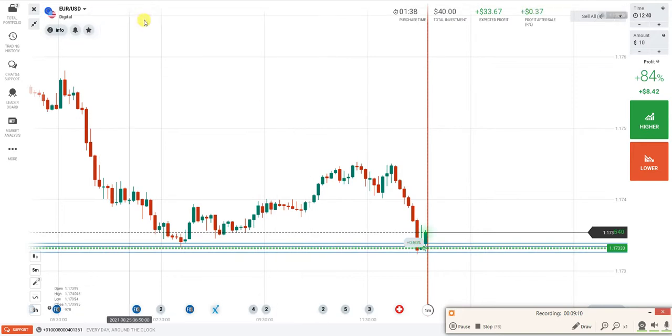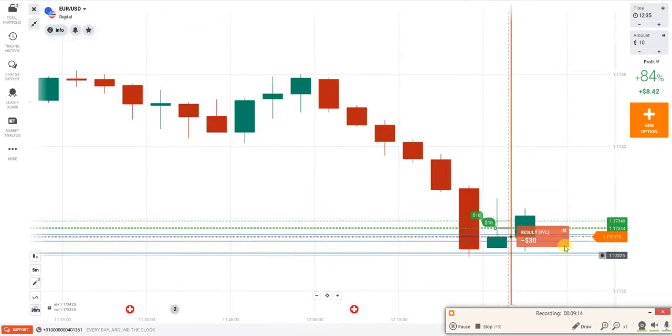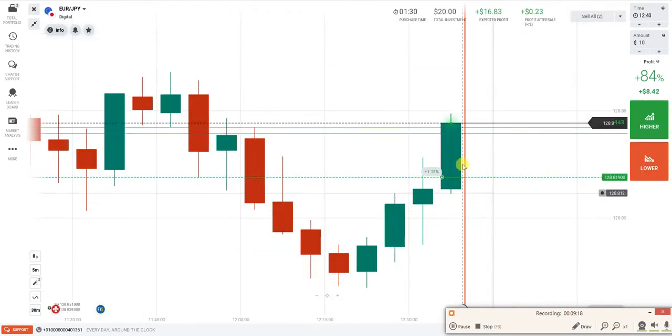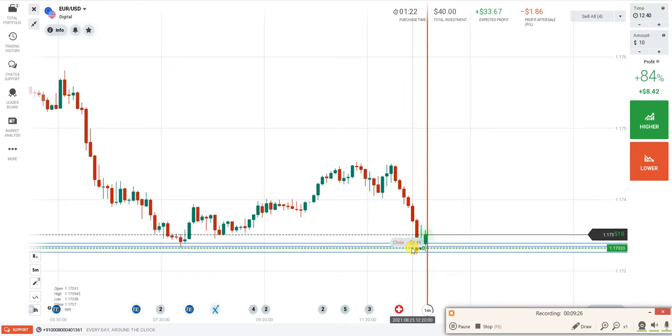Still, we will get some losses like this trade which we lost earlier, and right now we are running two trades, and I'm going to take another four trades surely.